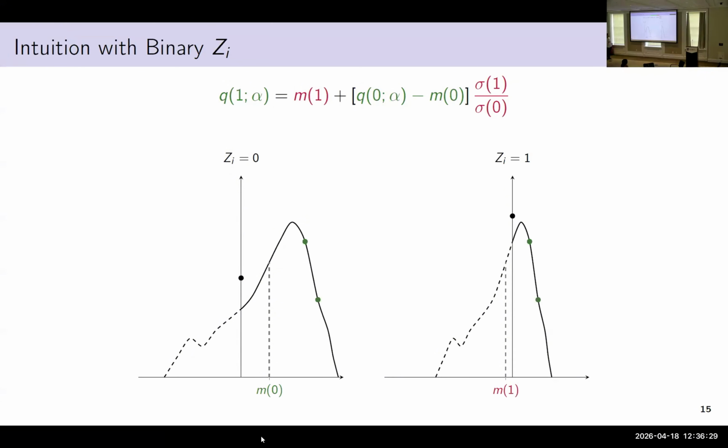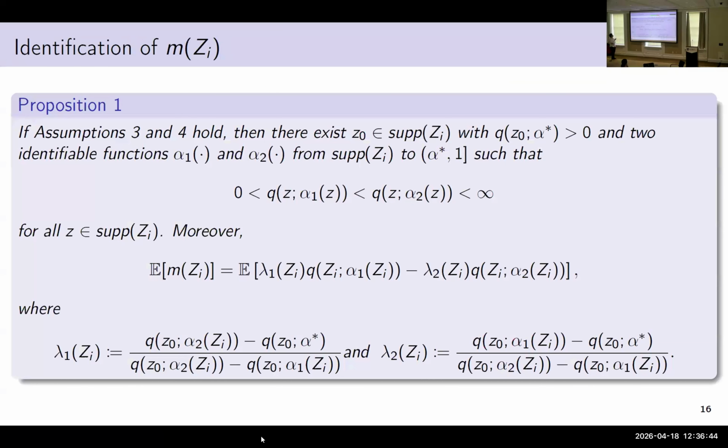And then after I have M0 and M1, I just take the expectation across the distribution of Z. I know how to do that because I observe Z, so I know the probabilities of Z equal 1 and Z equal 0. This is just the formal result, so you don't have to solve the system yourself. We already solved it and plugged it in.